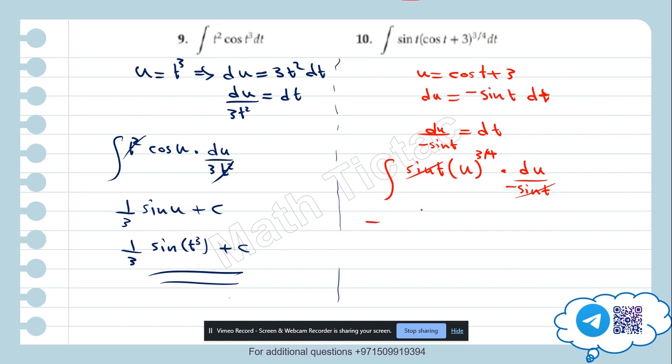The integration of u to the power 3 over 4 is u to the power 3 over 4 plus 1. 3 over 4 plus 1 is 3 over 4 plus 4 over 4, which is u to the power 7 over 4 divided by 7 over 4. Flip the 4, so it will be upward.